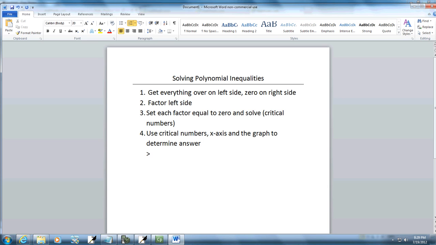Now, if you have a greater than or greater than or equal to, your answer is above the x-axis. If you have a less than or equal to, then your answer is below the x-axis.